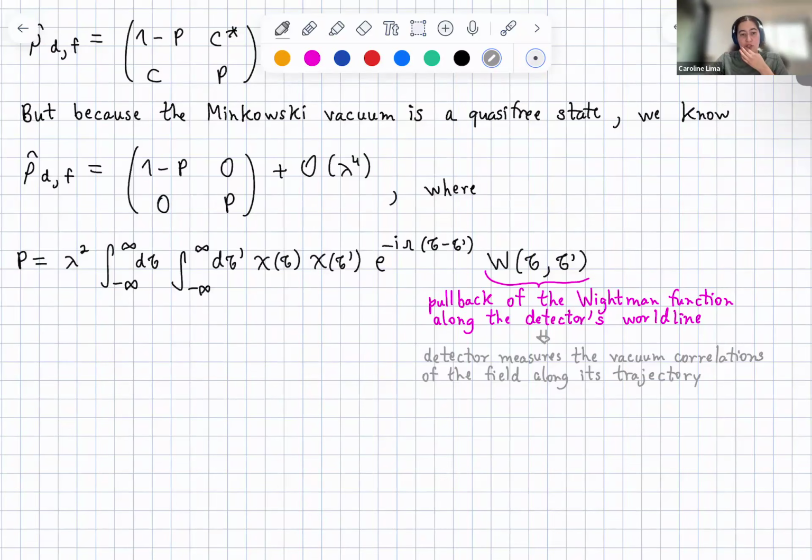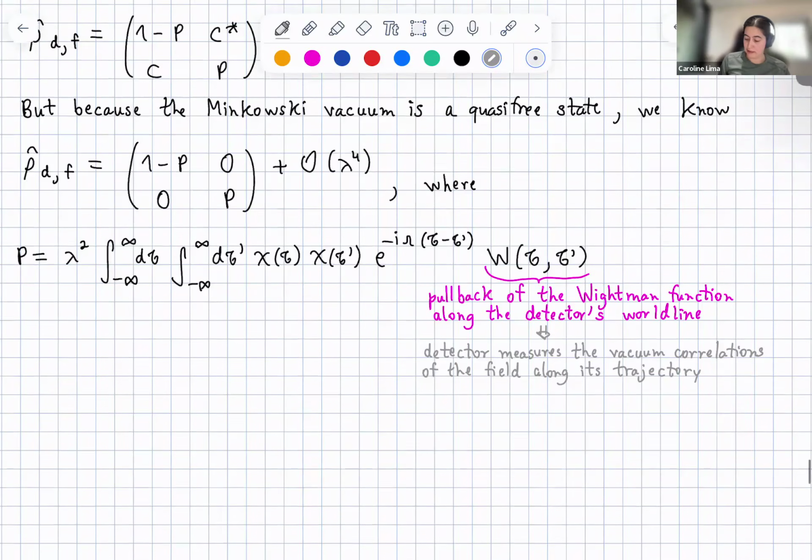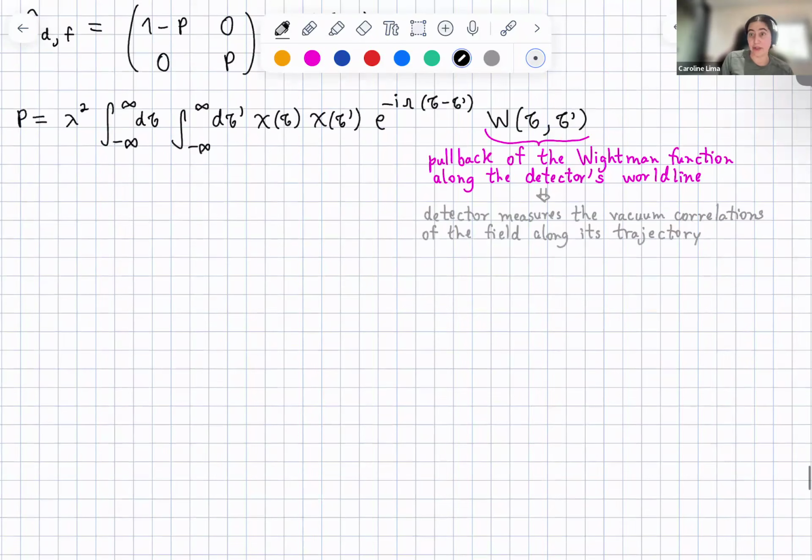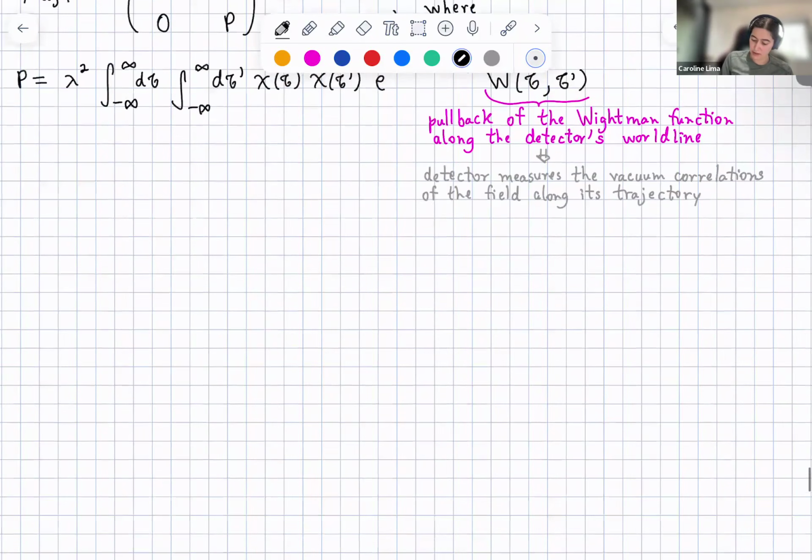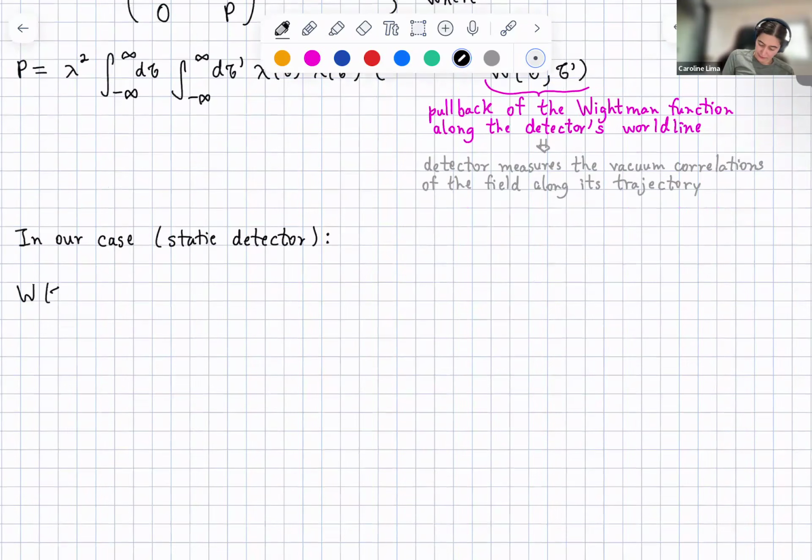Okay, so we want to compute this pullback of the Wightman function in our case. For this static detector, what is this pullback going to give you?